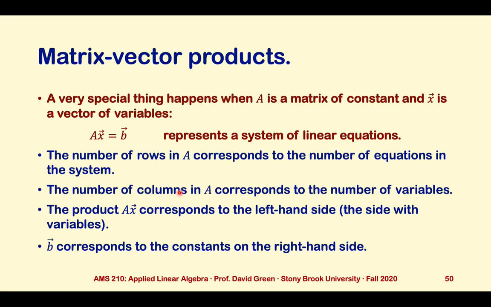The number of columns in A corresponds to the number of variables in the system. The product AX gives us the left-hand side, the side that has all of the variables and sums of linear products of constants with variables, and B corresponds to the constants on the right-hand side.